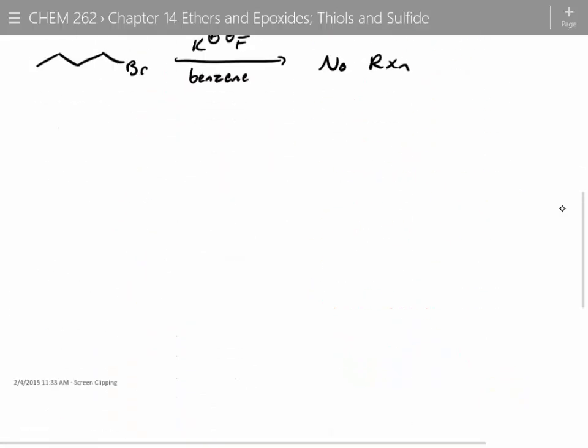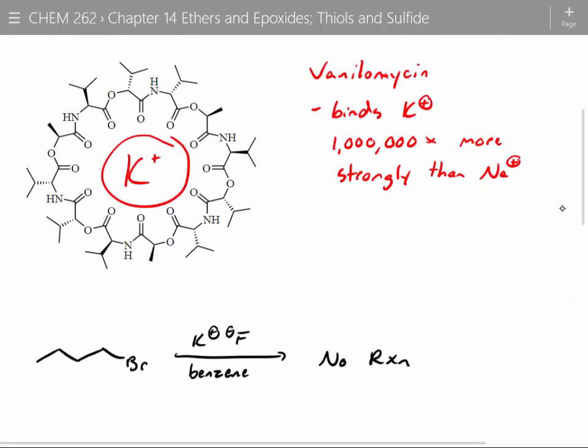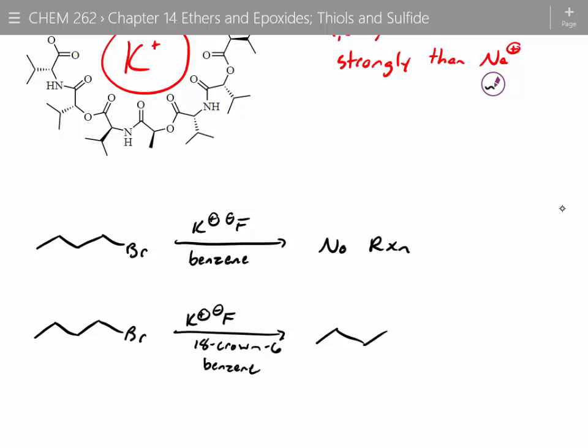In this case, I said potassium fluoride. So we need something to wrap up that potassium. Yeah, 18 crown 6. So if we run this reaction with bromine and potassium fluoride in 18 crown 6 in benzene, we can actually substitute off a bromine and get fluorine to act as a nucleophile, because now this fluorine is not bound tightly with an ion pair.